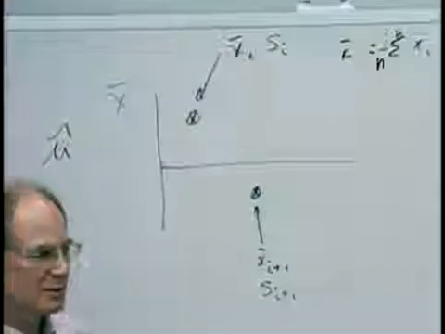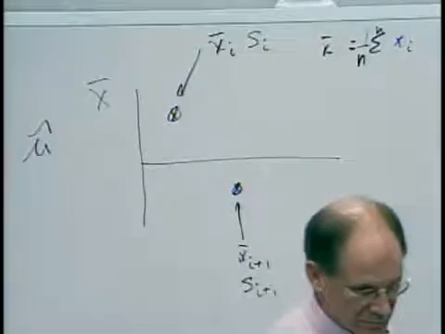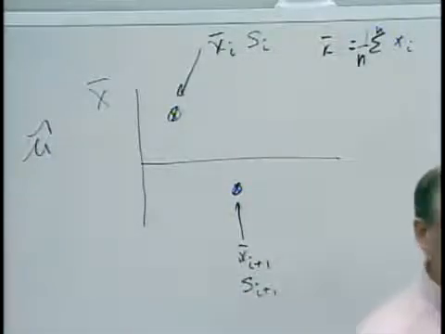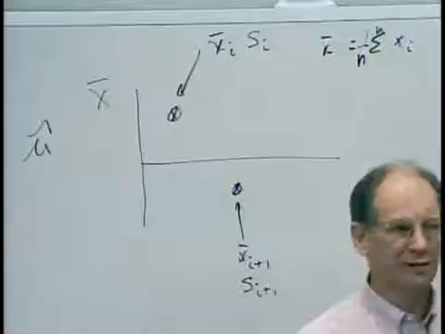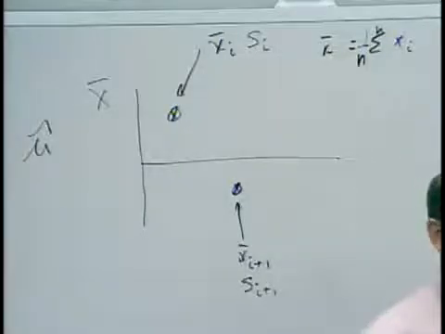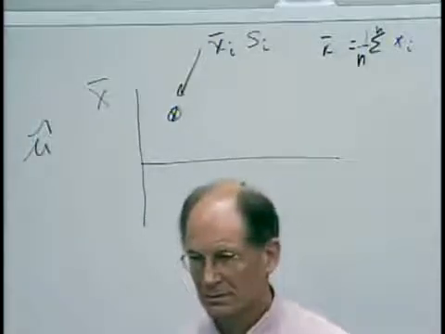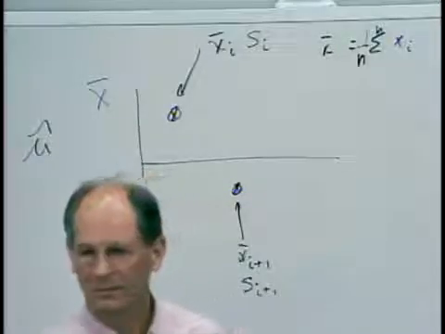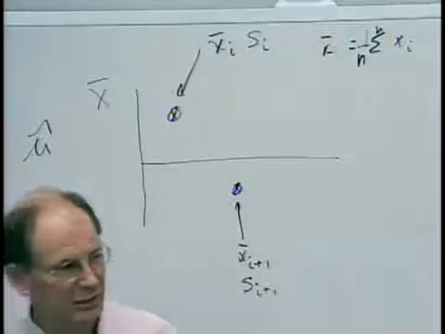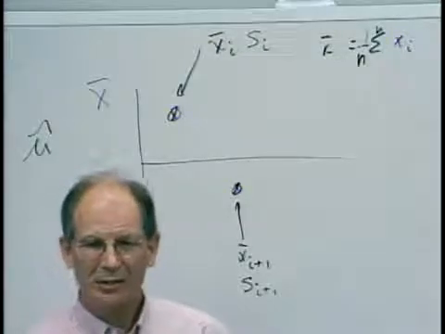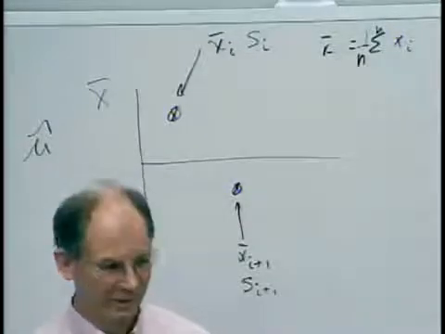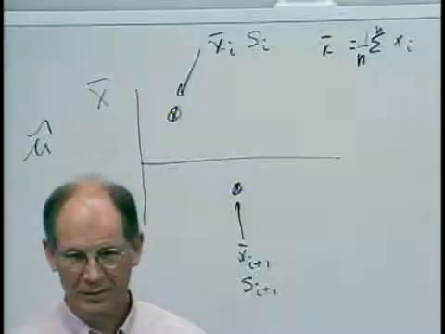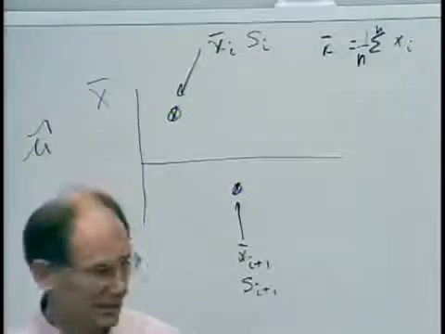If the process is in a state of statistical control, what is the true value of the mean? Or maybe I didn't state that question as well as I should have. How does the true value of the mean vary over time? It doesn't, exactly.